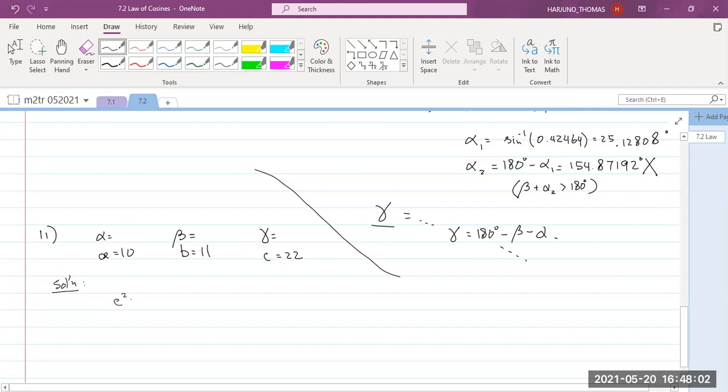So c squared equals a squared plus b squared minus 2ab cosine gamma. So that's 22 squared equals 10 squared plus 11 squared minus 2 times 10 times 11 cosine gamma. So this is 484 equals 100 plus 121 minus 220 cosine gamma.